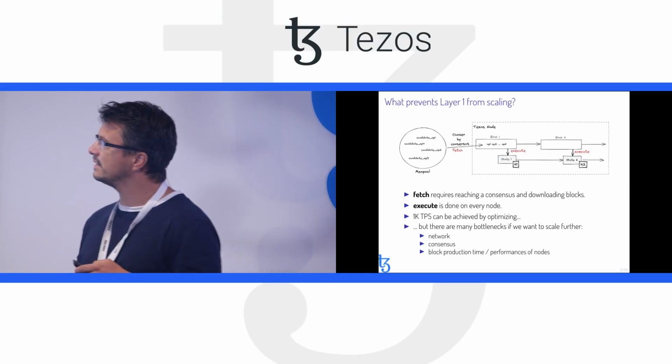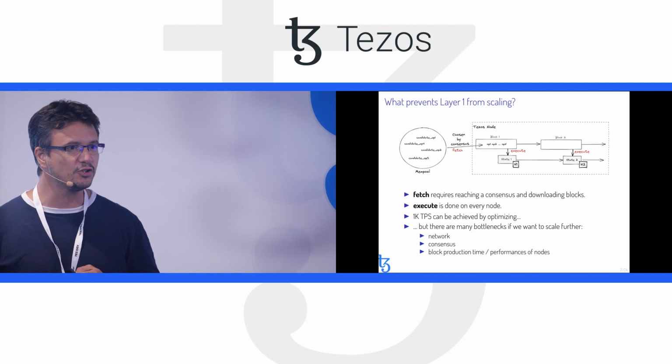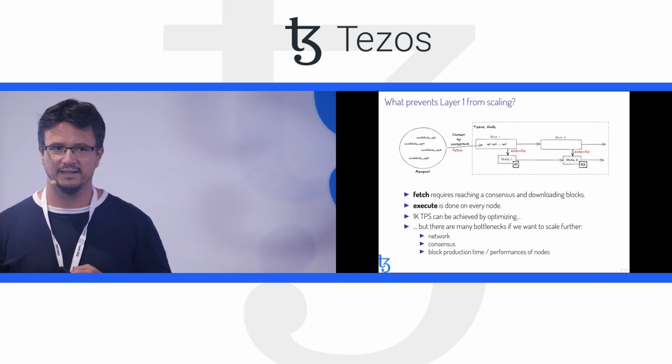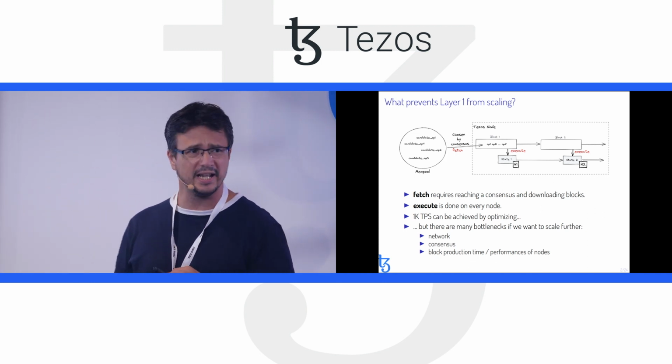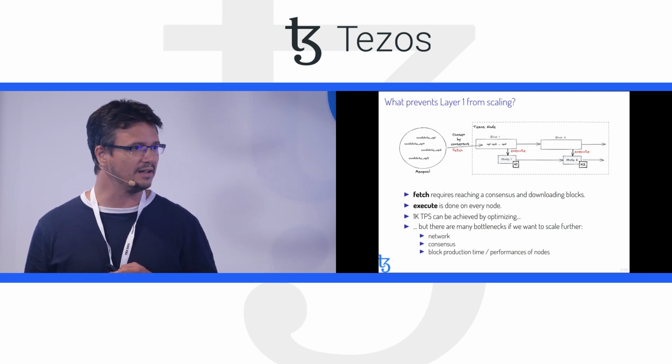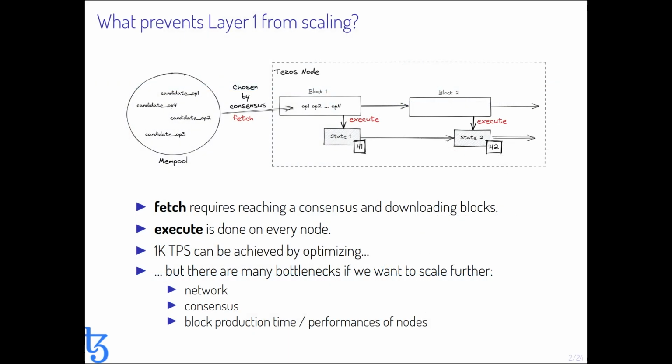So this story starts with an observation that it's actually really hard to scale the layer 1 as it is. And if you want to understand that, maybe you can try to picture for a moment the layer 1 as a very demanded CPU, that repeats the fetch and execute cycle to try to process as many operations as possible.